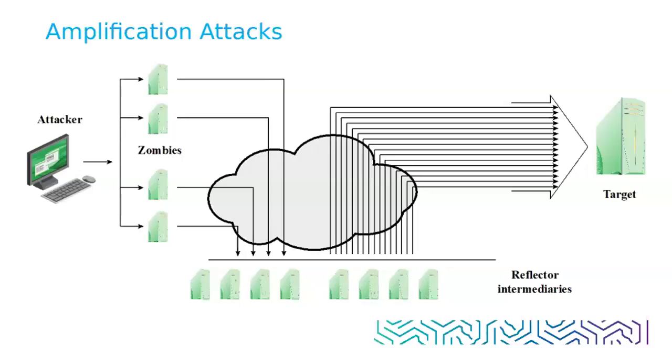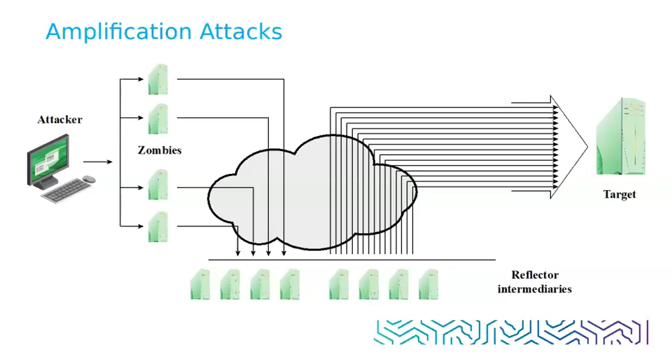Historically, attacks such as the Smurf attack used an ICMP echo request that was sent to the network broadcast address, causing every host on that network to reply to the victim.